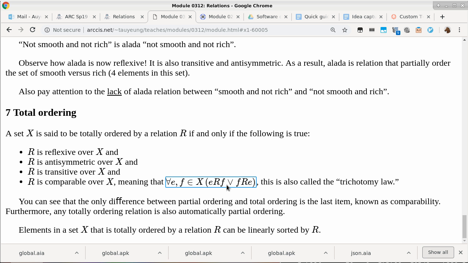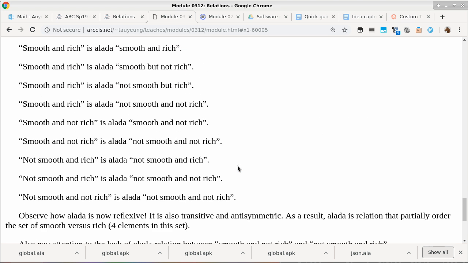Question. Yep. Can you give an example of something that is only partially ordered and something that is totally ordered? Yes, the beer commercial. Oh, right. I was thinking that most people will walk away remembering the beer commercial, but not quite remembering why I used that as an example.